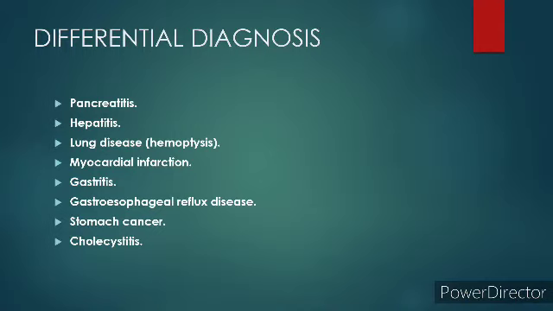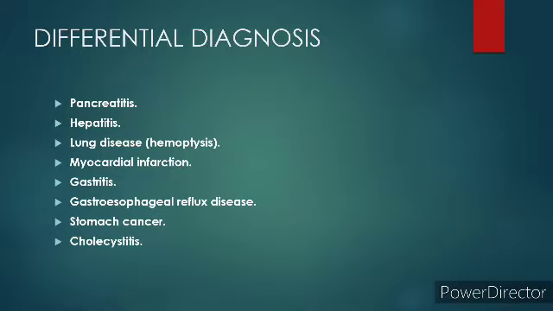So after doing the investigations, we can talk about the differential diagnosis, and this is the process of differentiating between 2 or more conditions in which they share similar signs and symptoms. The first differential diagnosis can be pancreatitis, which is the inflammation of the pancreas.